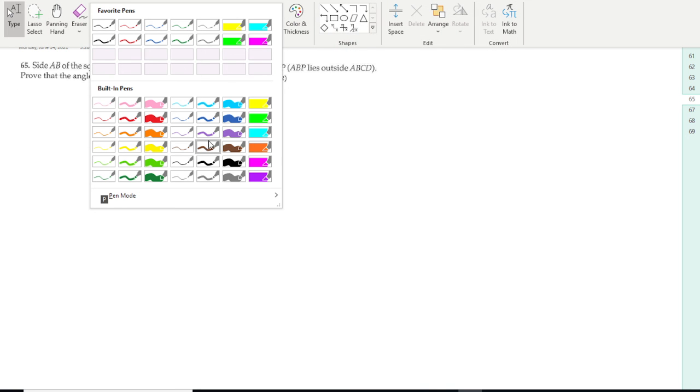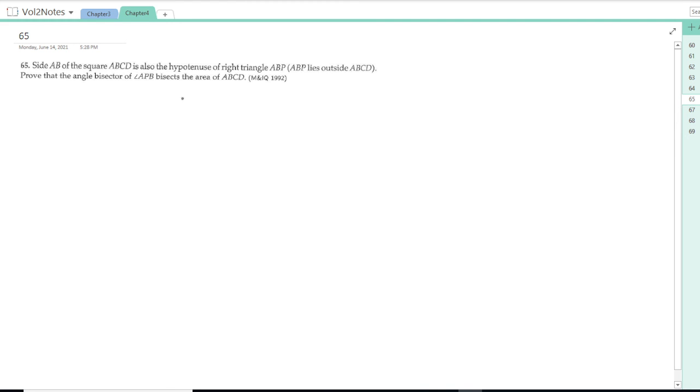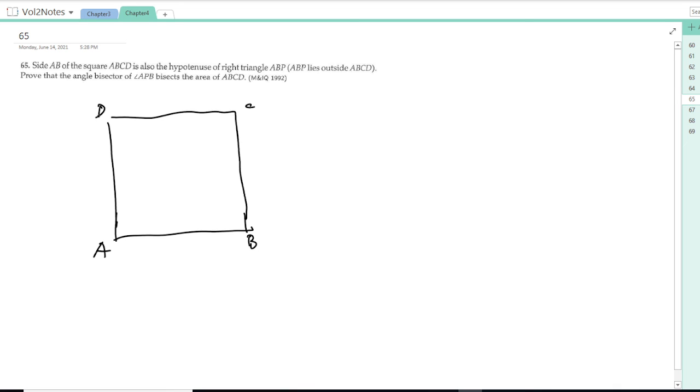Question number 65. So we have ABCD, which is a square, and AB is also the hypotenuse of a triangle APB, and APB is outside.